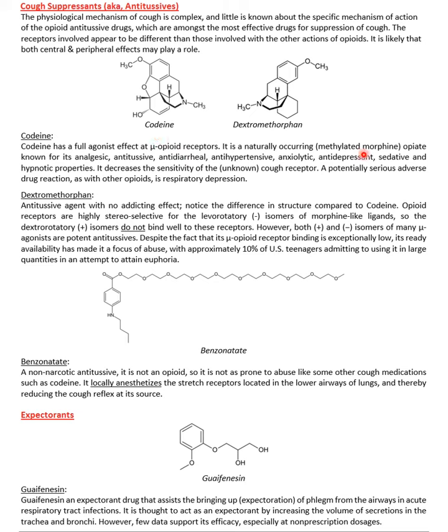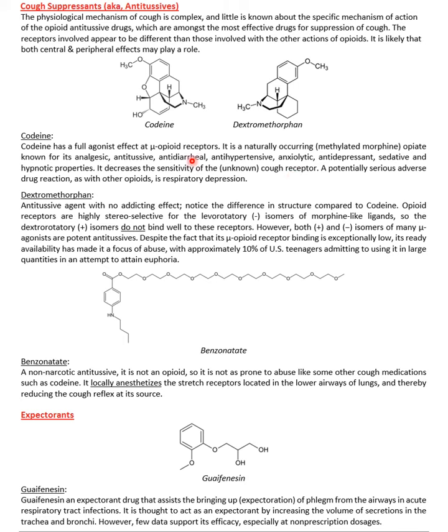Codeine is also responsible for analgesic, anti-diarrheal, antihypertensive, anxiolytic, antidepressant, sedative, hypnotic, and of course the antitussive effects. And like we said, we believe that it decreases the sensitivity of the cough receptors, whatever these cough receptors are.